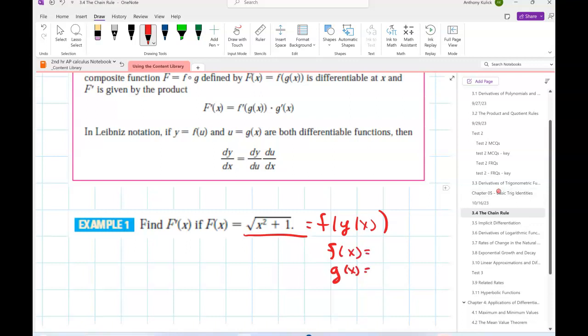So if I look at something like this, what is f in this case? The square root of x. And what's g? The x squared plus 1. F is the outer function. G is the inner function.